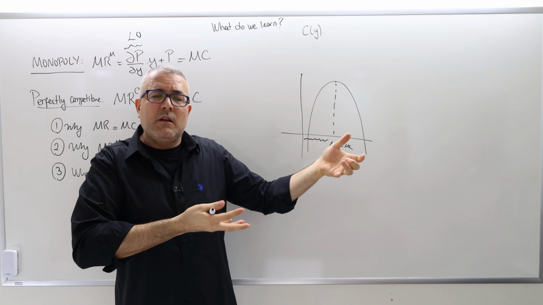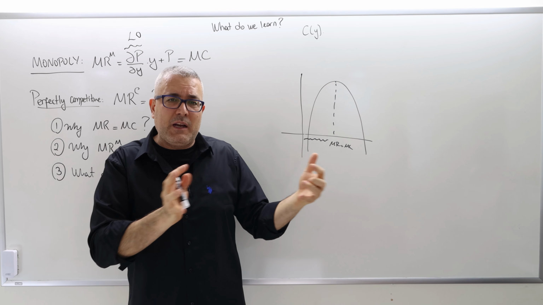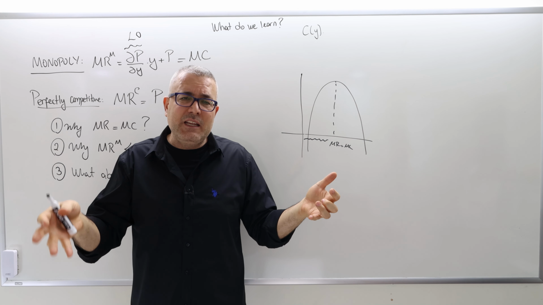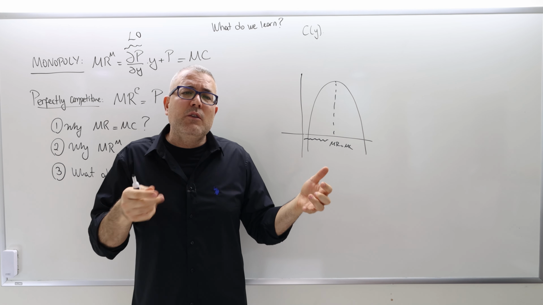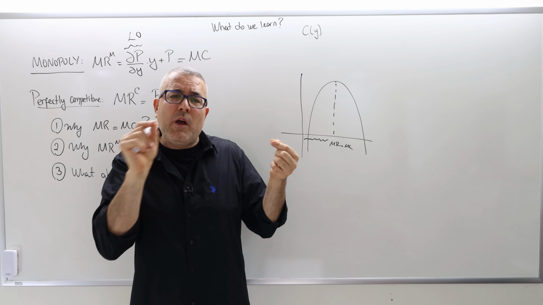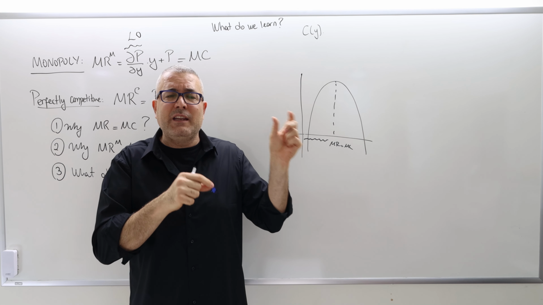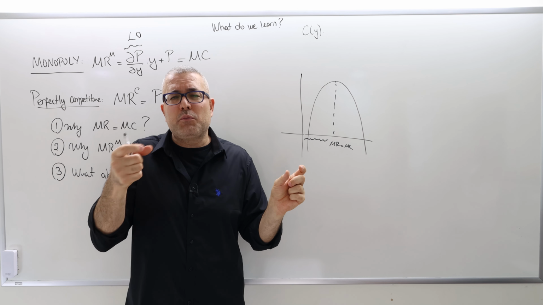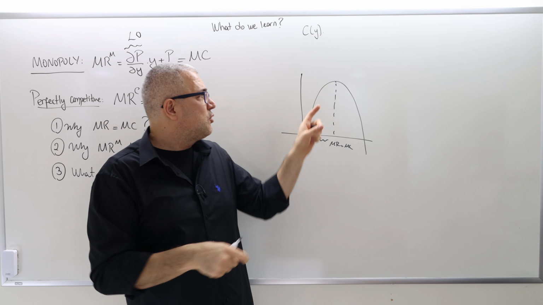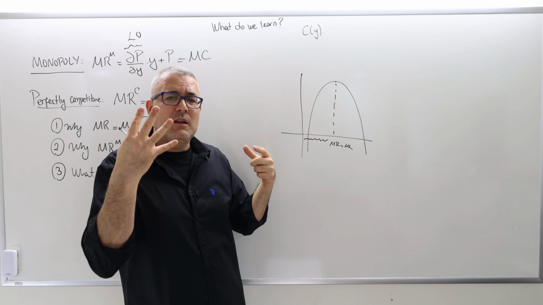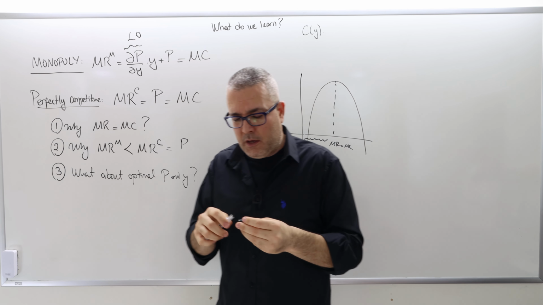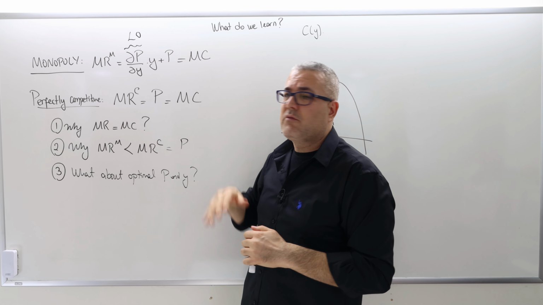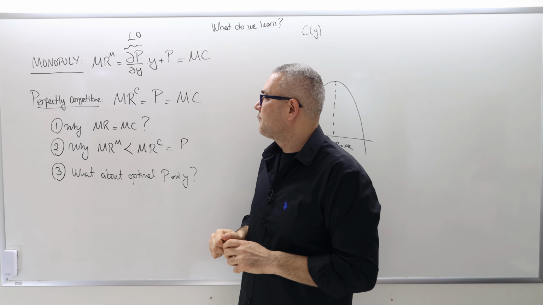You already make some profit by selling 99 products, but by selling the 100th product, you are actually subtracting away from the profit on the 99 goods. So you shouldn't be producing this 100th product. You should stop exactly at that point. So that's the idea of why profit maximization implies marginal revenue equals marginal cost.